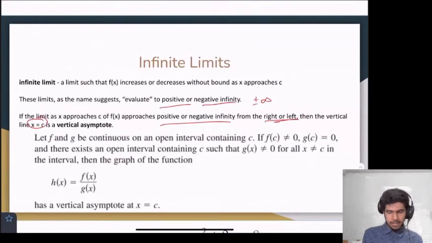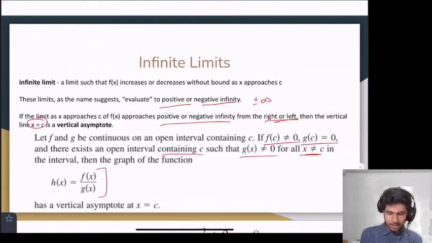Okay, so now we have a little bit more at the bottom here. We have two continuous functions on an open interval containing c, and one function at c is 0, the other one's not 0. So then there exists an open interval containing c such that g of x does not equal 0 for all x not equal to c in the interval. If we have those two things, then the graph of this function has a vertical asymptote at x equals c.